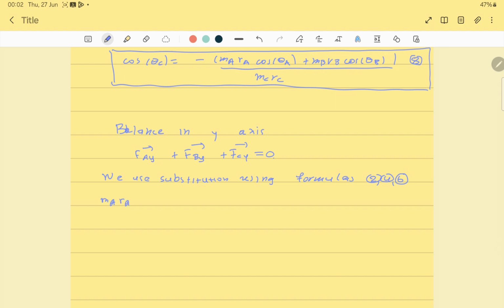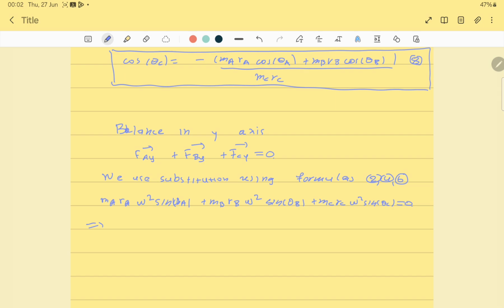MA times RA omega squared sine theta A plus MB RB omega squared sine theta B plus MC RC omega squared sine theta C is equal to 0.